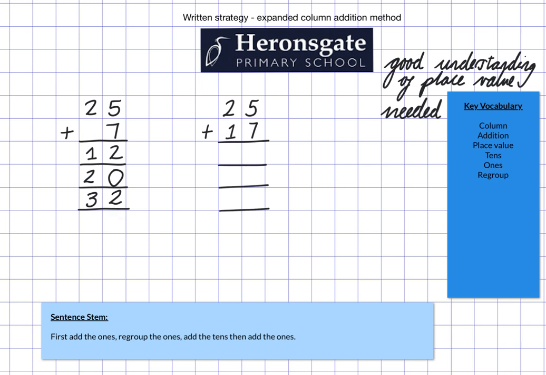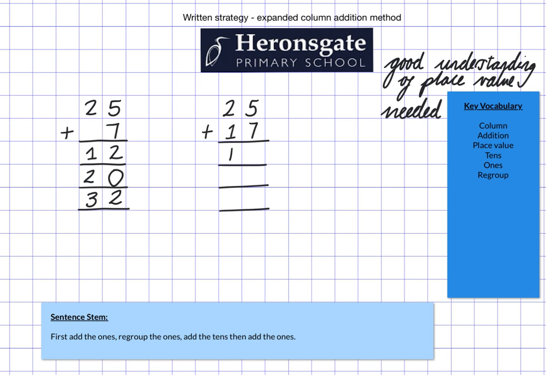Now I'm going to do exactly the same method again of expanded column addition, but when we are adding a two-digit number to a two-digit number. So first, I have to add the ones. So I've got 5 ones and 7 ones, and that makes 12 ones. So I'm going to regroup that because 12 ones can't stay in the ones column because it's now made a 10.